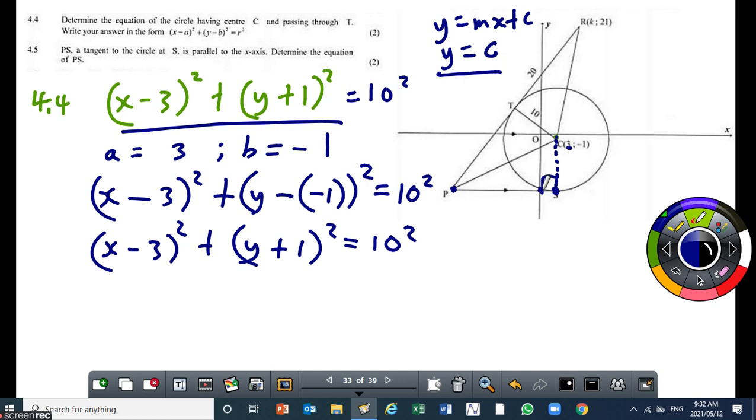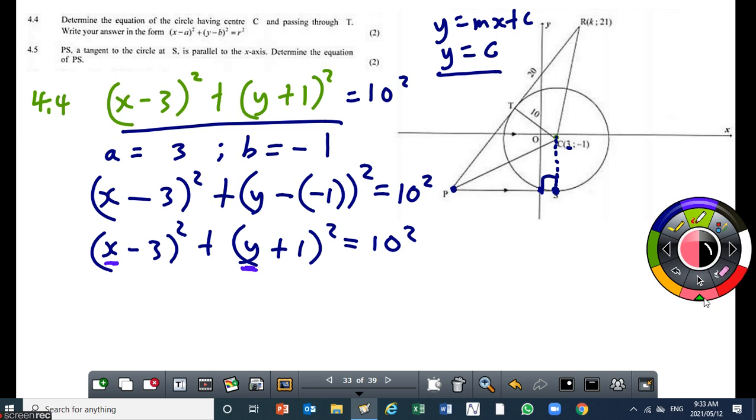The y value at the y-intercept is the same as the y value at S. Therefore, we substitute the x value at S into the equation of the circle. Where there is x, we are going to put 3, so that we can find y. Are you following that? Yes. Okay.